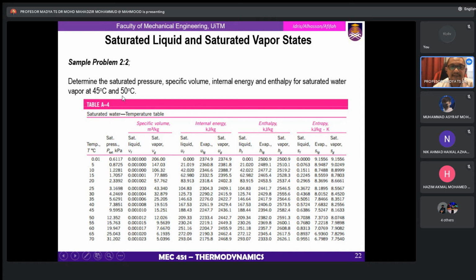At 45 Celsius and 50 Celsius, how about specific volume? What is the specific volume? 45 Celsius? 15.251.